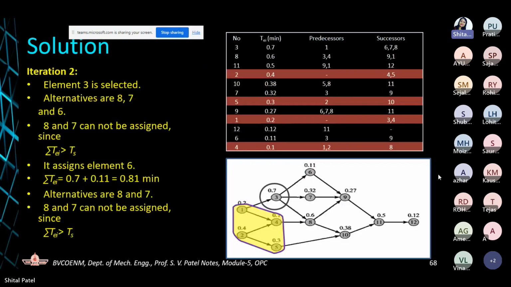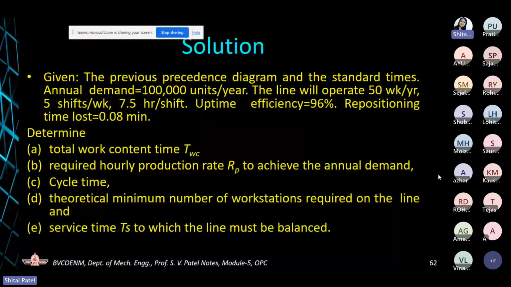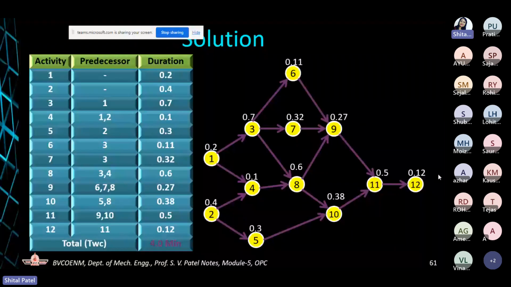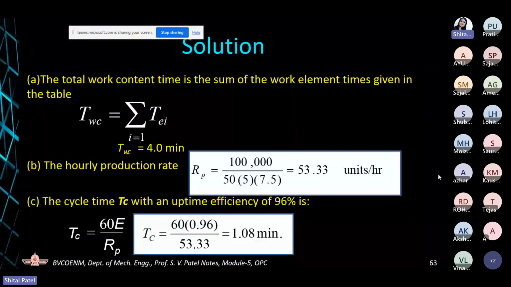See how you are going to proceed further. First of all, this data will be given to you. First you need to prepare the network diagram, slide 61. Then you need to find the work content time or rate of production, whichever is asked.